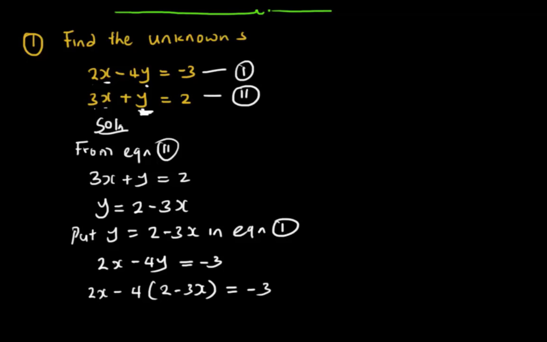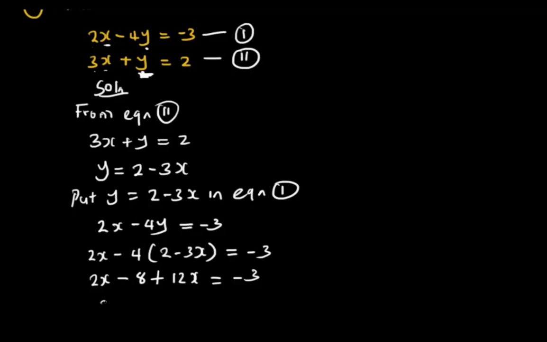Let's open this bracket. We'll be having 2x, minus 4 times 2 will give me minus 8, minus 4 times minus 3x will give me plus 12x, equals minus 3. So I'll be having 2x plus 12x minus 8 equals minus 3.